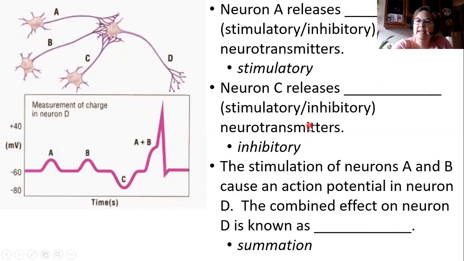And then D, I said this word already, but go back here. The stimulation of neurons A and B causes an action potential in D. The combined effect on neuron D is known as, and that's a word that we need to know, summation, right? So when we take that net effect of the neurons that are impacting a postsynaptic neuron, we call that summation. We add them all together, okay?